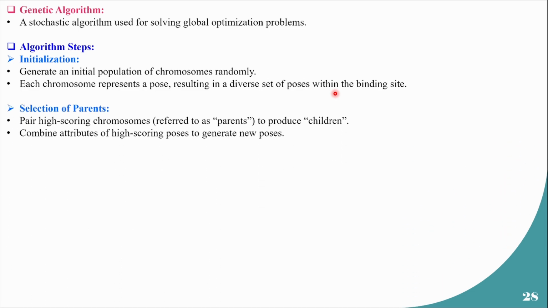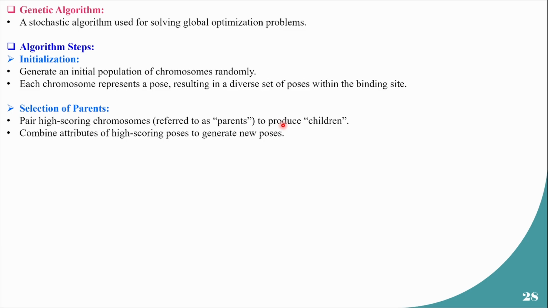After that, it pairs the high scoring chromosomes, or the high scoring poses, to produce children, right? These are referred to as parents, which are combined to produce the next set of poses.